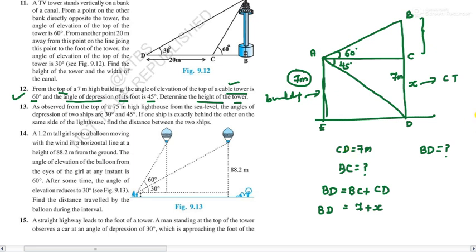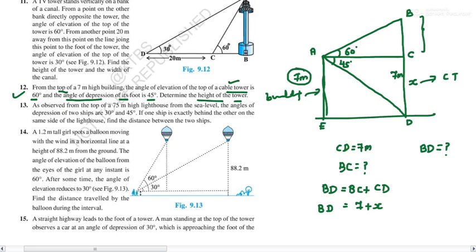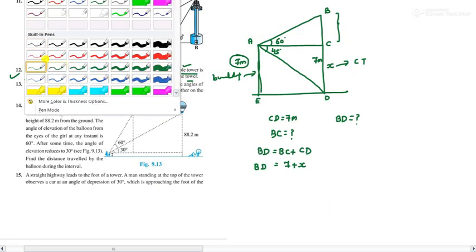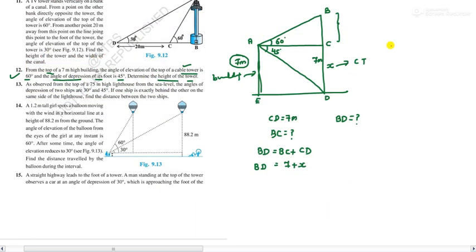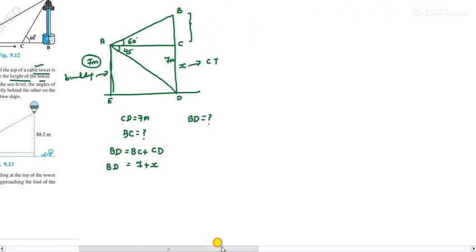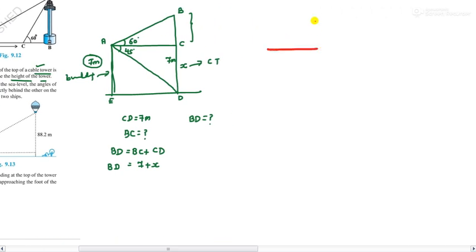Again, if you look at it properly, we have two figures here, right? So if I draw it, it will come like this. This is figure number 1. Here this is B, C, A, and this part is X. BC is X, because CD we already have 7. AC we don't know.